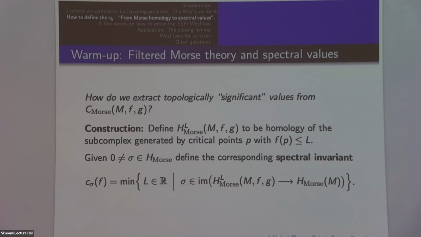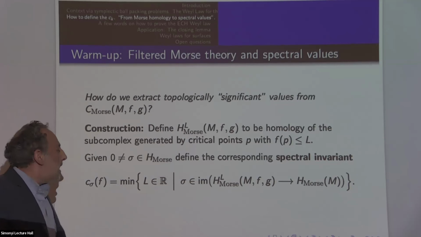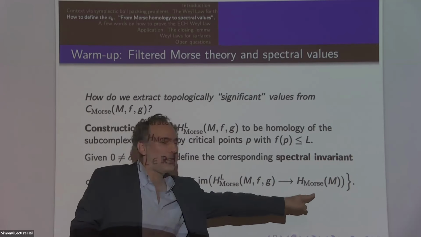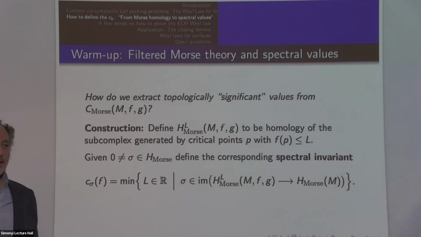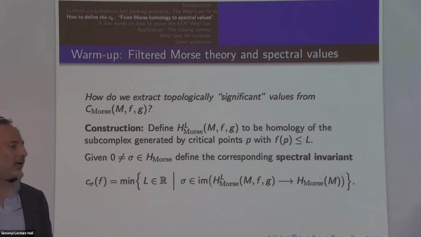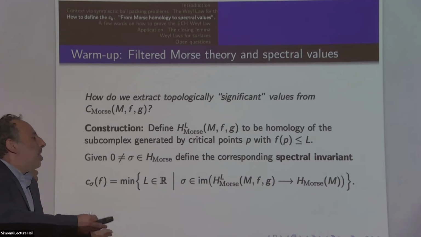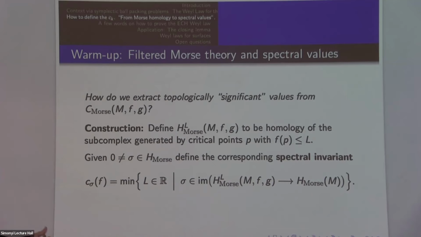Okay, so I can take the homology of that subcomplex and it comes with maps into the full Morse complex. And so now if I have any non-zero class in the Morse homology, which is a topological invariant, I can just look at the minimum height required to represent it, and that will be a topologically significant value. That's called the spectral invariant associated to the class.